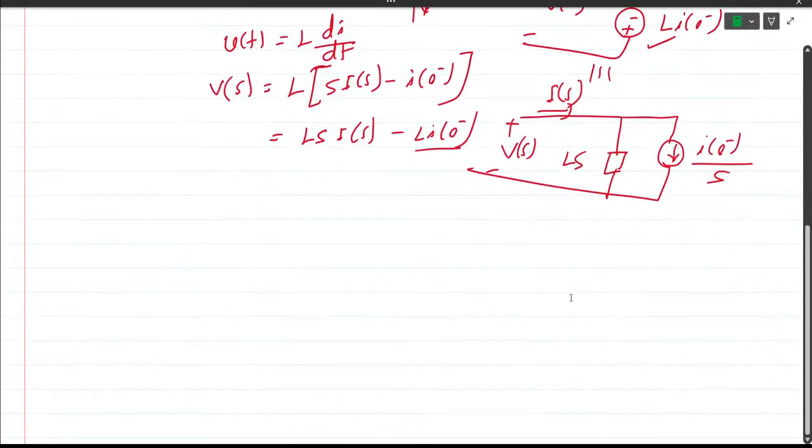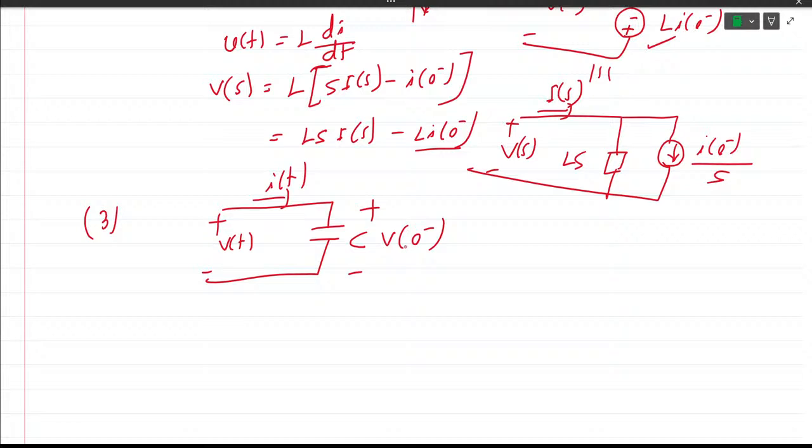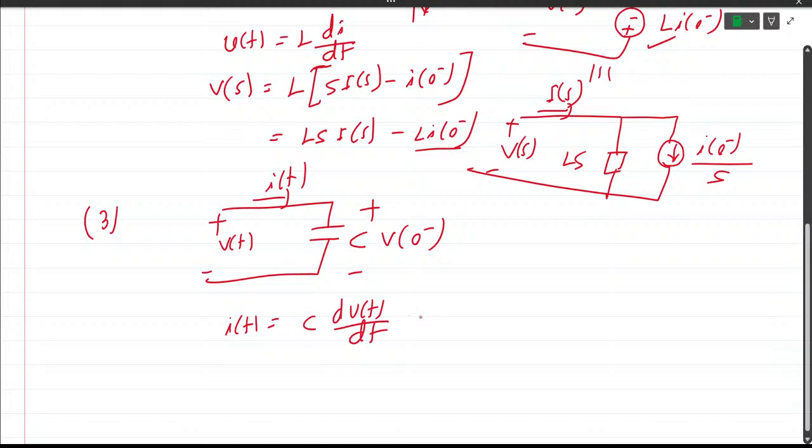Okay. Now come to the third case, that is the capacitor. Let there be some initial voltage V0 minus. You know the basic equation, that is i(t) is equal to C dv(t)/dt.